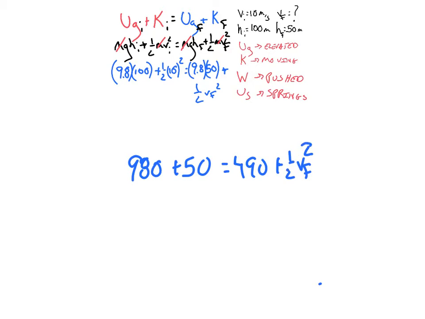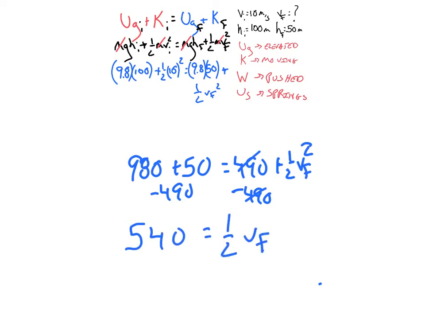All right, so we're going to add the 980 plus the 50 and then subtract 490 from both sides. So let's just write that out. We're going to do 980 plus 50 minus the 490 from the other side. That's going to give us 540 equals 1/2 vf squared. Now you can either multiply both sides by 2 or divide both sides by 1/2. It doesn't matter. You just got to be careful.